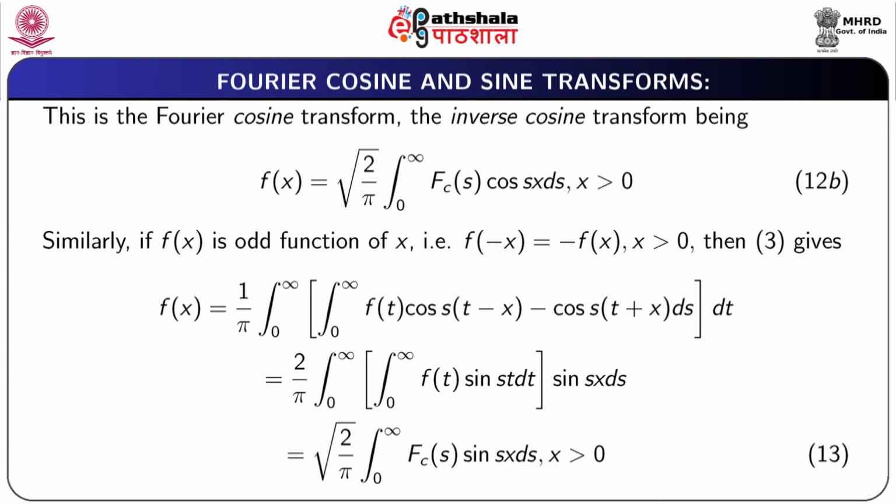Similarly, if f(x) is an odd function of x, that is f(−x) = −f(x), x positive, then the representation of f(x) as given by equation 3 gives f(x) equal to 1/π ∫ from 0 to ∞ f(t)[cos s(t − x) − cos s(t + x)] ds dt, which can be further simplified to 2/π ∫ from 0 to ∞ [∫ f(t) sin st dt] sin sx ds.